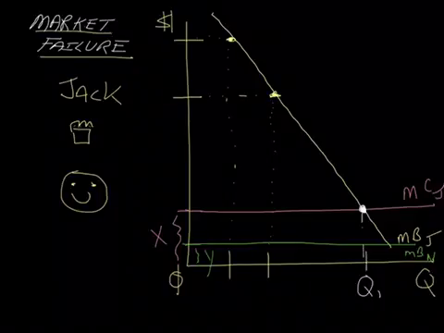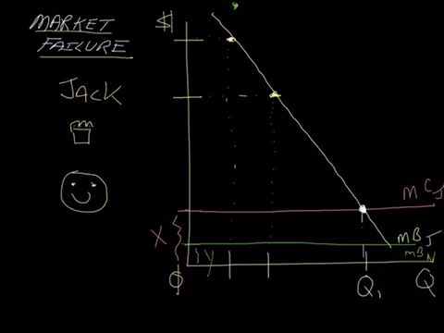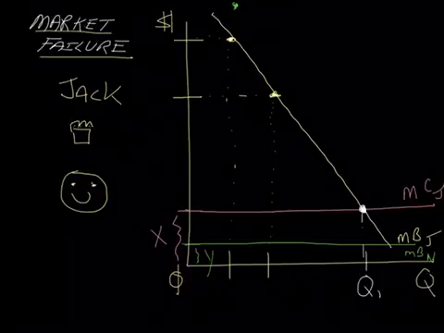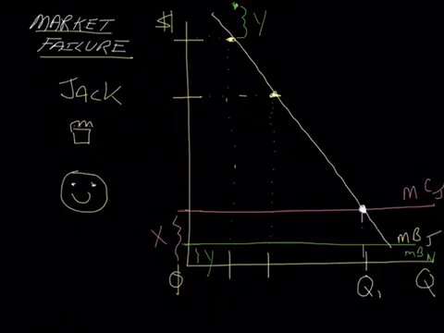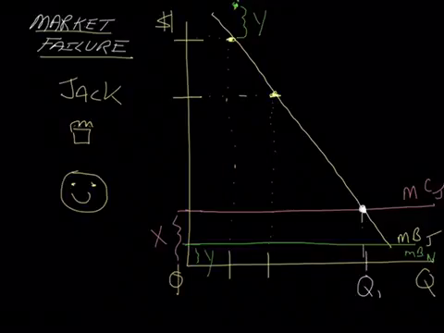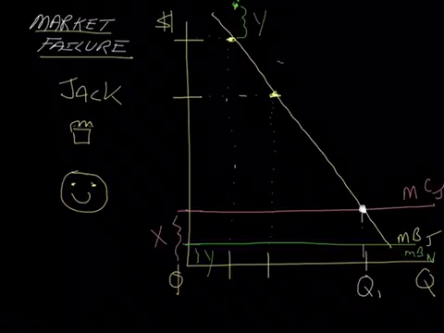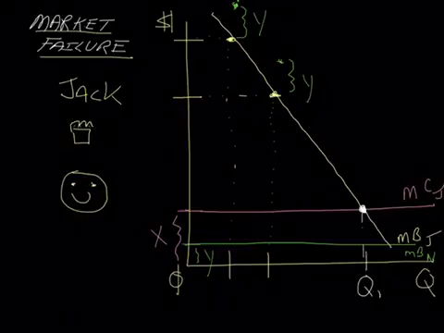As an example, if we take the first batch of muffins and we add the amount symbolized by Y of benefit to what Jack had initially received on his marginal benefit line, we get this new point at the very top. Similarly, for the second batch, there is an additional value on top of what Jack receives by the neighbors of Y.